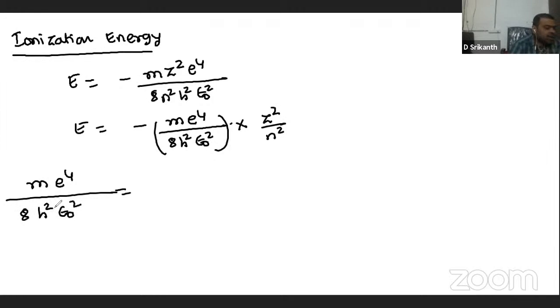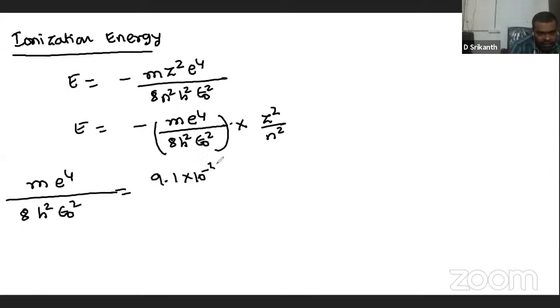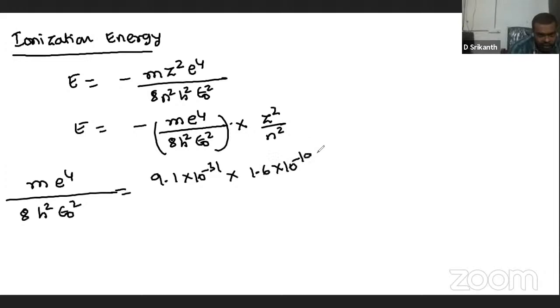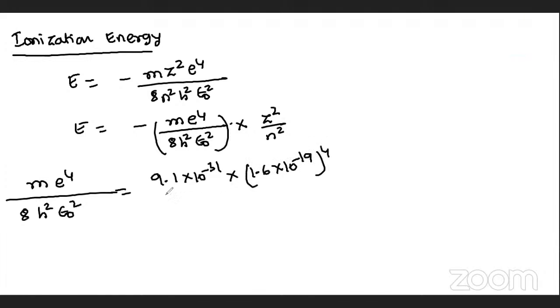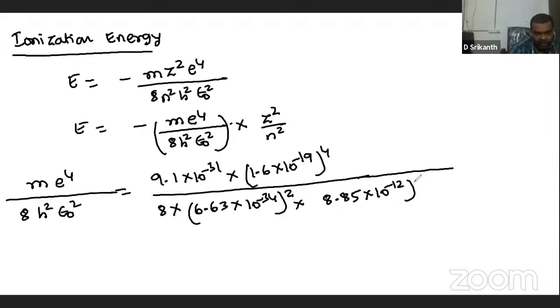What is the mass of the electron? Mass of electron is 9.1 into 10 power minus 31. Charge of electron is 1.6 into 10 power minus 19, whole power 4, by 8 into Planck constant 6.63 into 10 power minus 34, whole square. Epsilon naught square, that is 8.85 into 10 power minus 12, whole square.